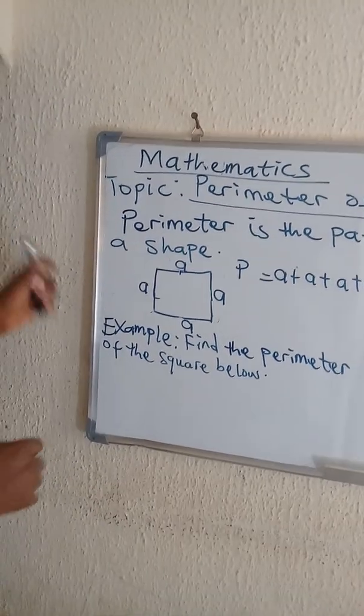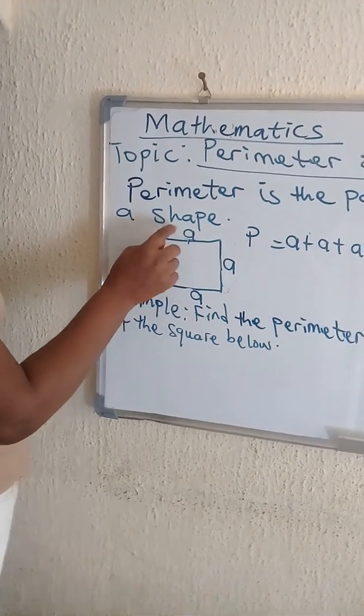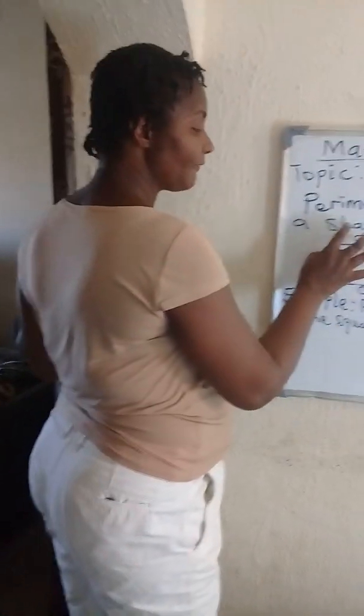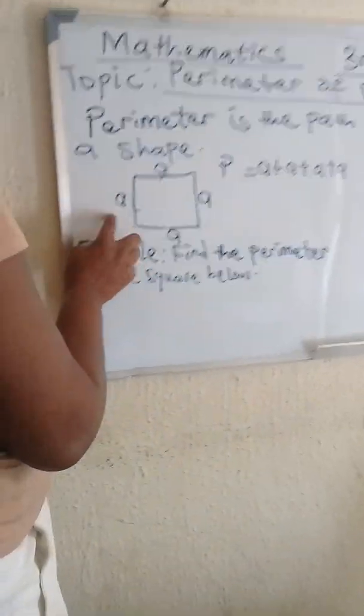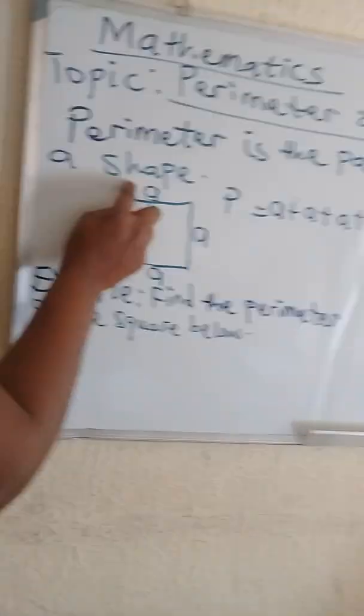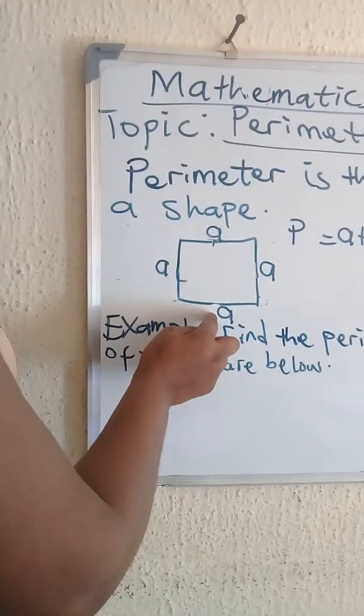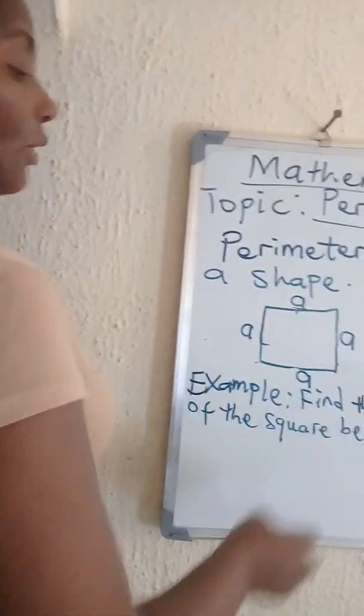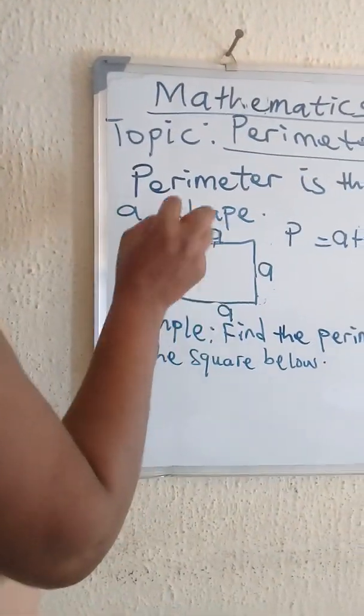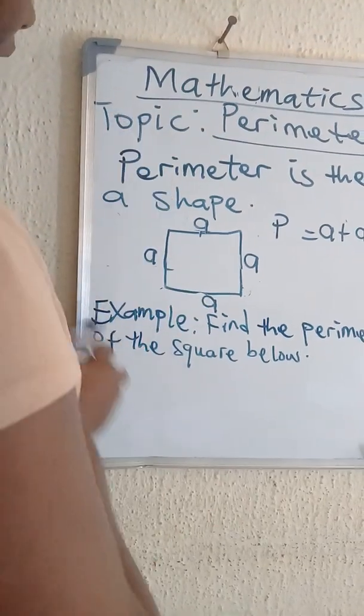We have A here. Because all the four sides are equal, any figure you have here is the same thing you're going to have here, and also here. So if you have number 2 here, the same number 2 will appear here, because all the sides of a square are equal.